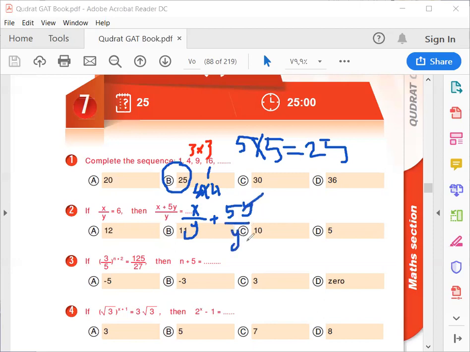Then you can simplify: x over y is given, it is 6. So we can write 6 plus 5 equals 11. So the answer is B.